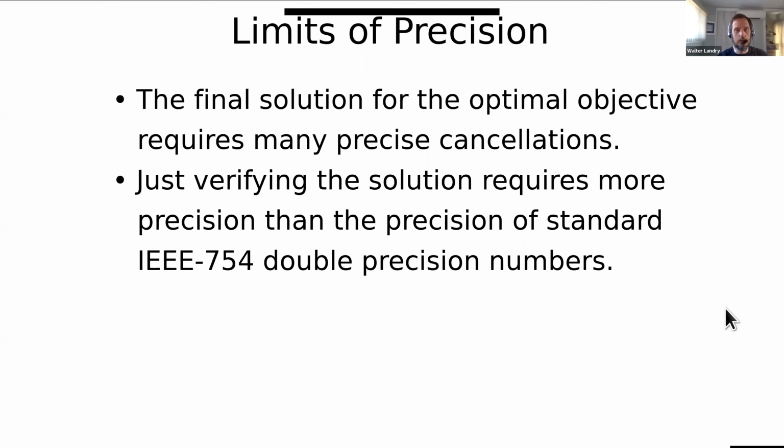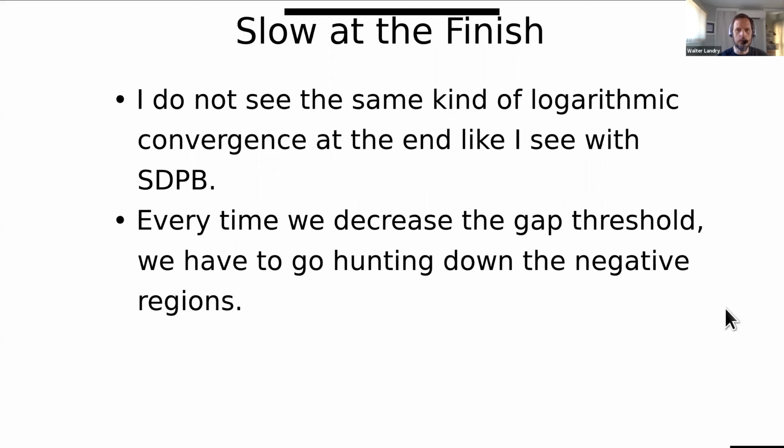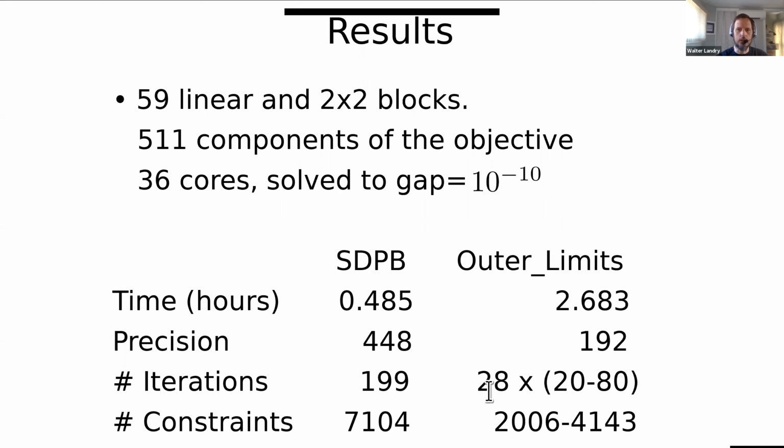It's doing all of the inner and outer iterations. So this one has 28 outer iterations, and internally SDPB does 20 to 80 iterations. So that's somewhere about 10 times as many iterations as what SDPB is doing. Now, the number of constraints is much smaller, so that helps.